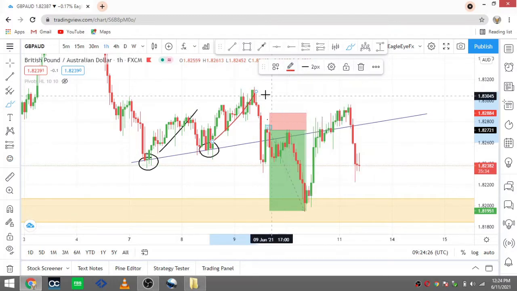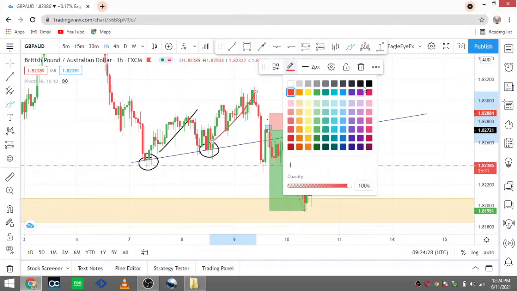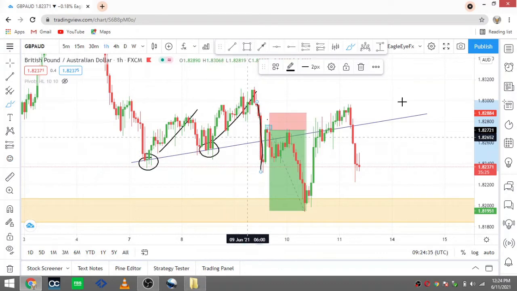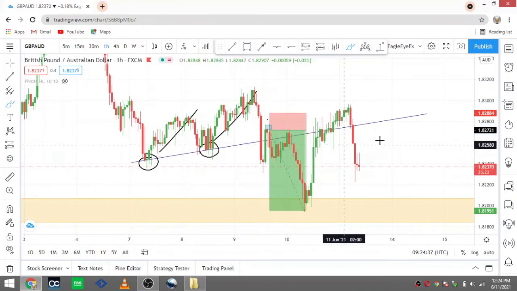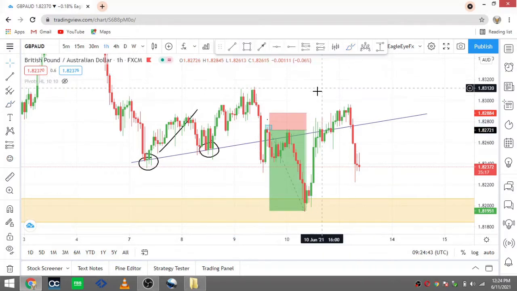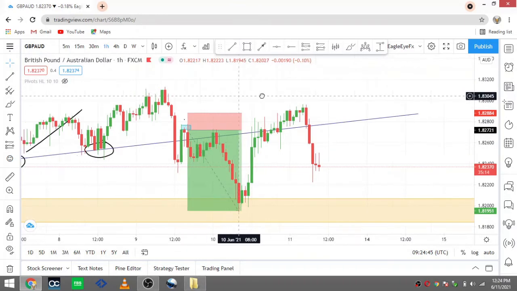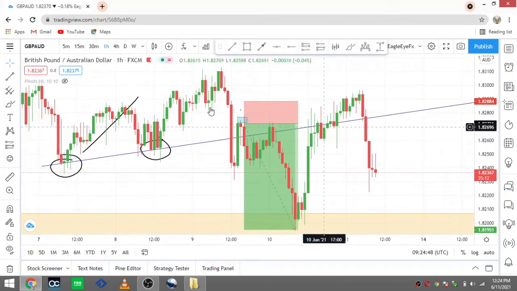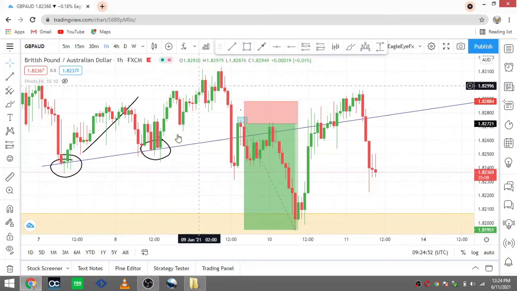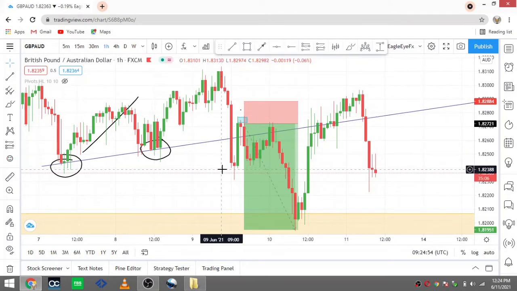This time round, the market came down and broke this support trend line. Another thing that I observed is a very strong bearish movement to the downside. The market came down with a lot of force, and then it broke this structure.